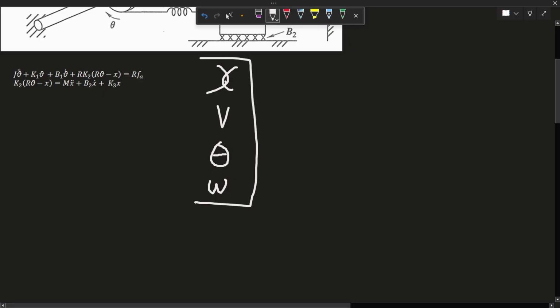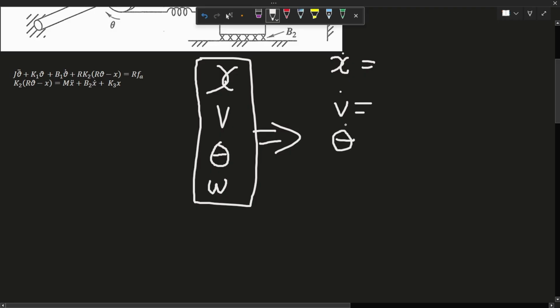But for every single problem, the state variables are the displacement and the velocity, okay? Once you consider these as your state variables, the last step is to define their derivatives, okay? You have to define x dot, v dot, theta dot, and omega dot. x dot, the derivative of x, is just the velocity.